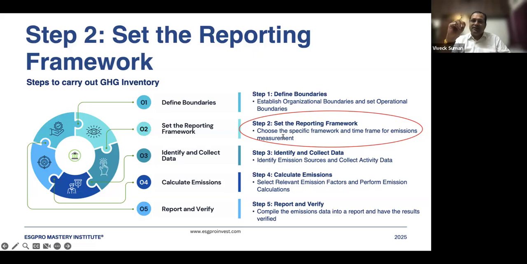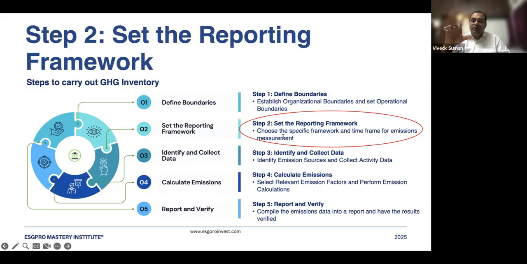The first one, in setting the reporting framework, is the timeline. Your timeline is a critical thing to be reported on, which is that you have to determine what is my reporting period. Have I collected data previous to the date when I am starting this exercise, right?